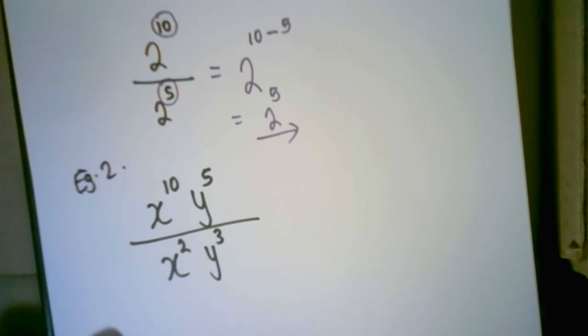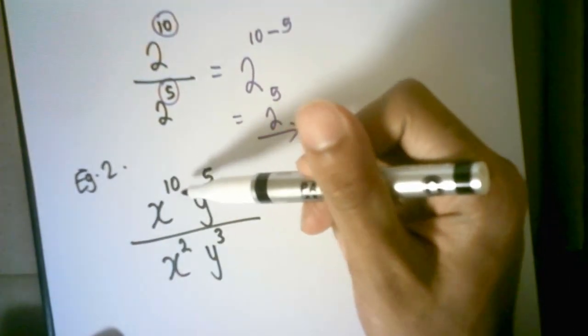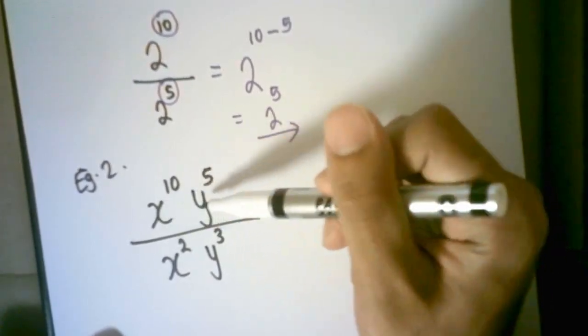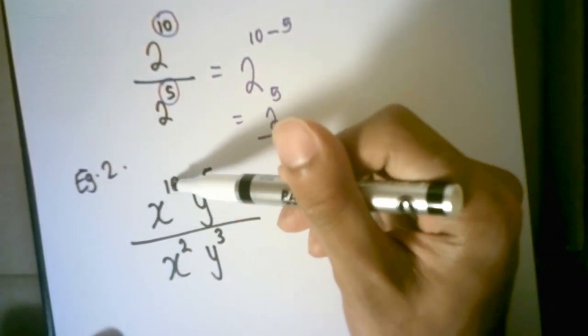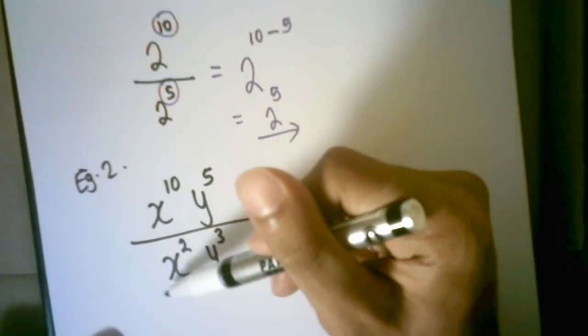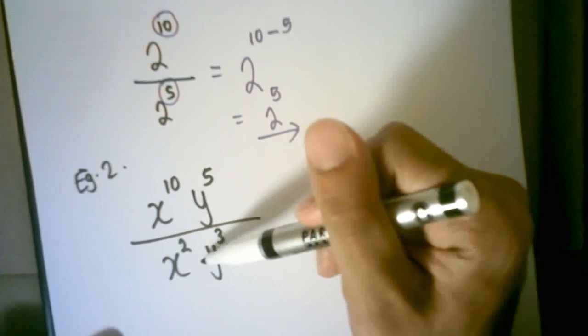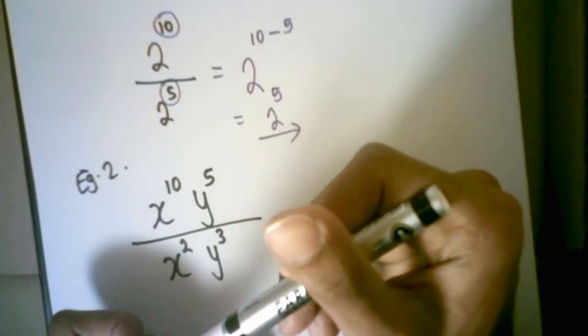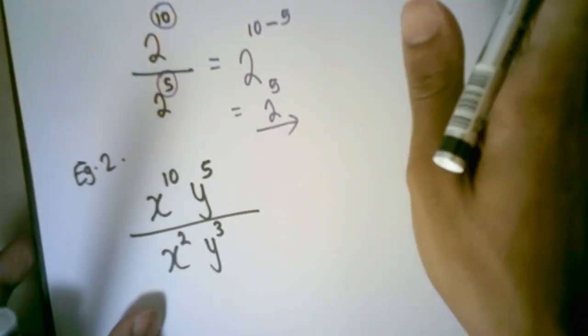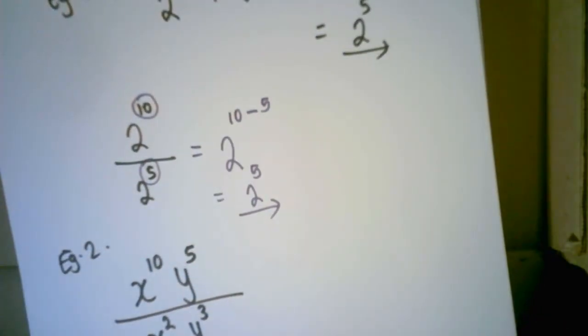So in this case I have x to the power of 10, y raised to the power of 5. What's happening in between these two variables? As I said, multiplication. It's x raised to the power of 10 times y raised to the power of 5, all over x squared multiplied by y raised to the power of 3. I know that we multiply fractions top of the top, bottom of the bottom.